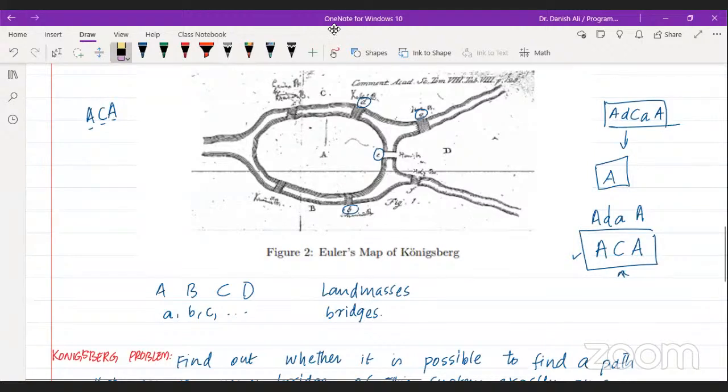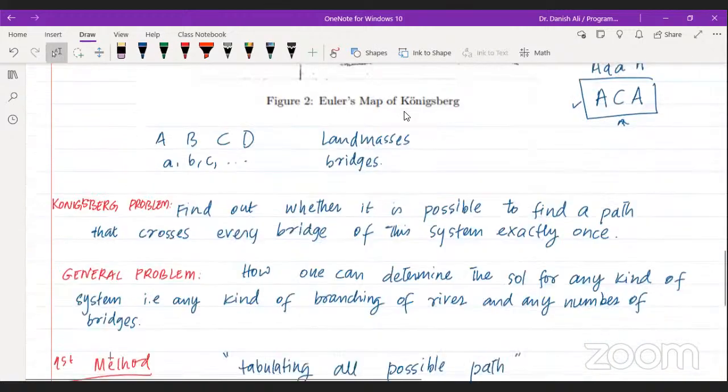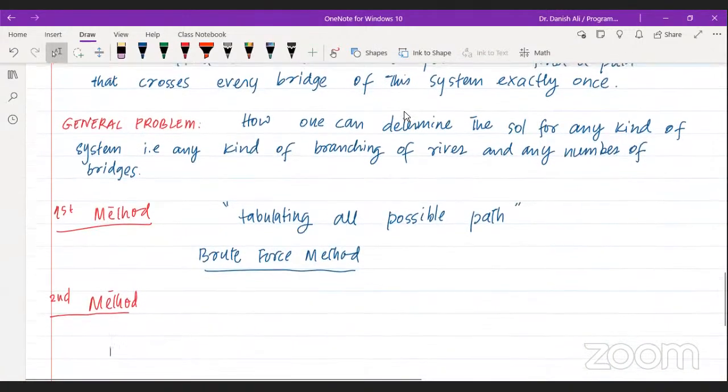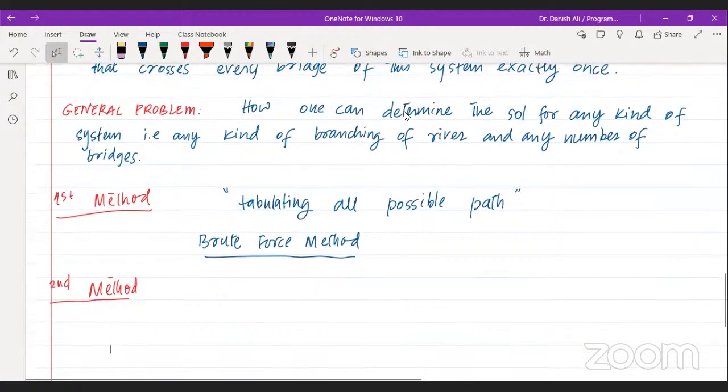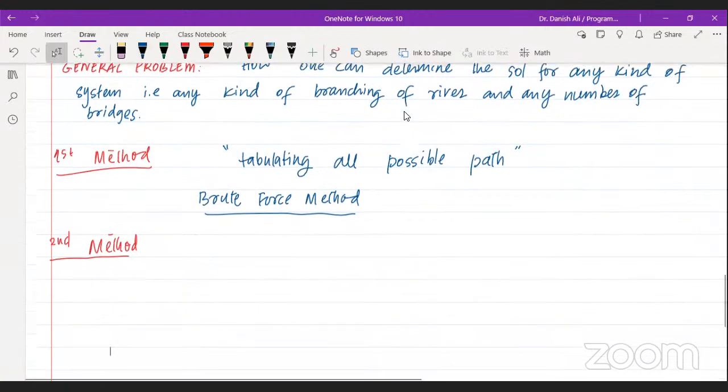And in general, if there are n bridges, how many do you use? 1 plus n. Okay, that's a very important point, and we use this point for the second thing.